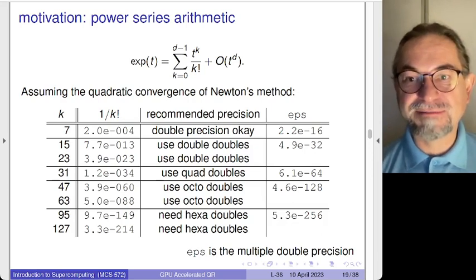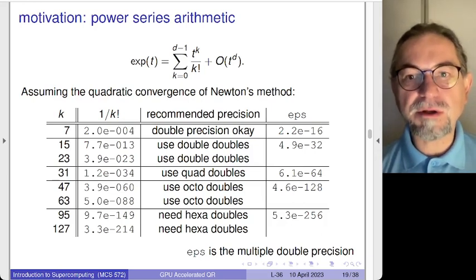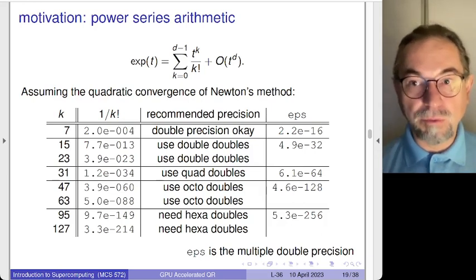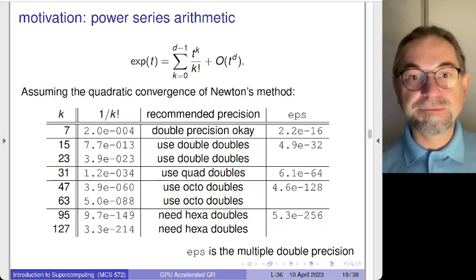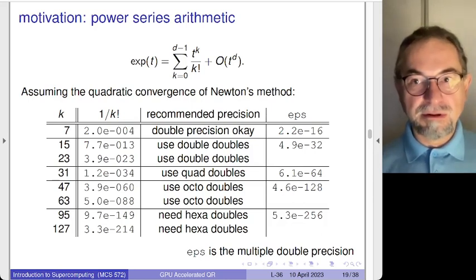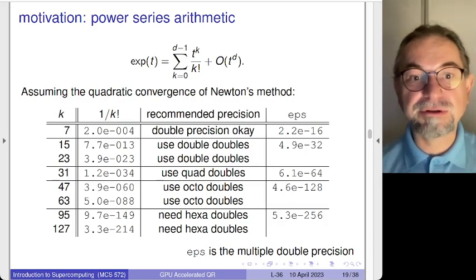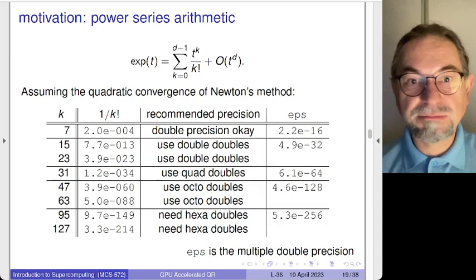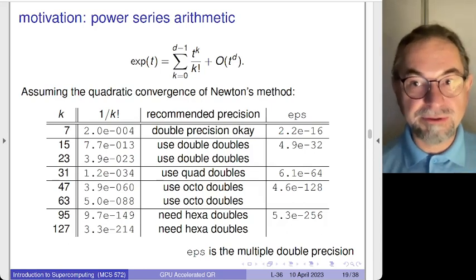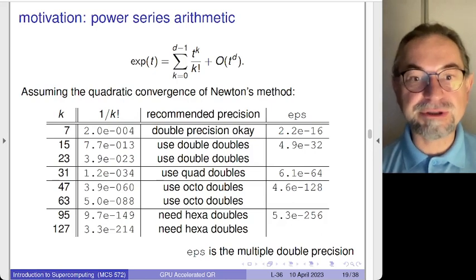So here is kind of a motivational table: if you want to represent all the coefficients accurately in a power series for the exponential, then if you are computing that, you should actually use that precision.